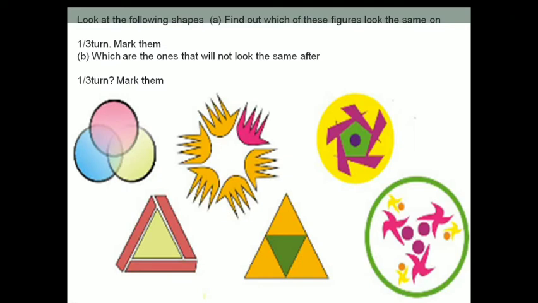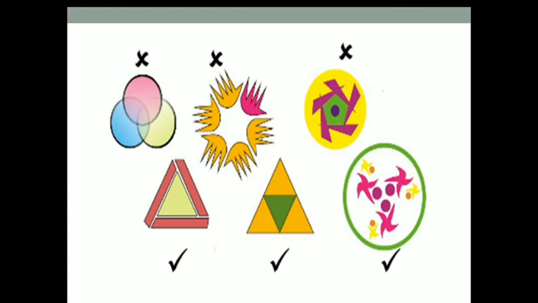These are the shapes we have, and we have to identify whether they look the same on a 1/3 turn, and we will also see whether they look the same on a 1/6 turn. The shapes of the first group do not look the same on a 1/3 turn, but the shapes of the second group look the same on a 1/3 turn.